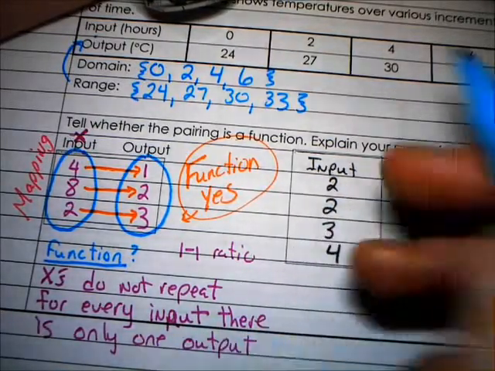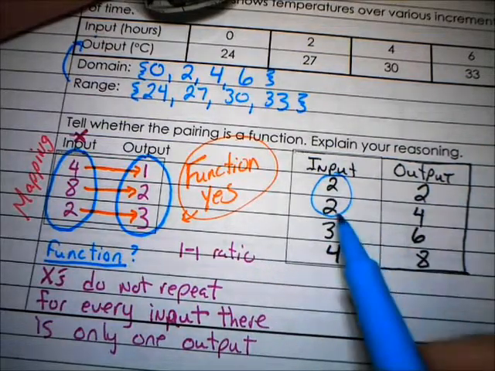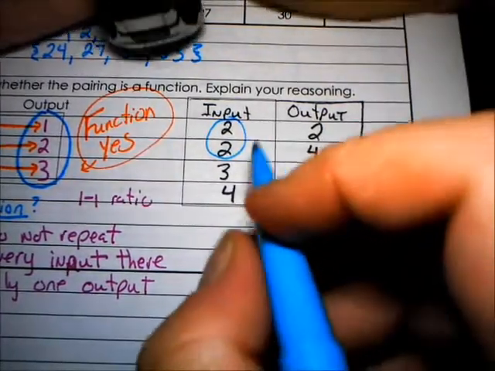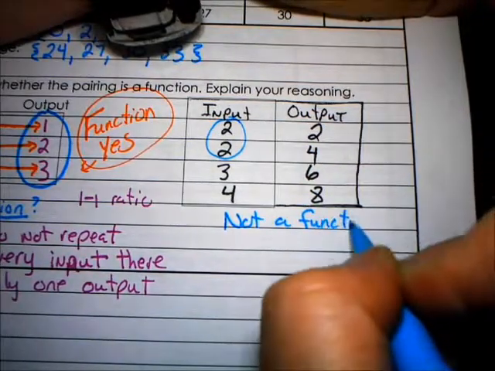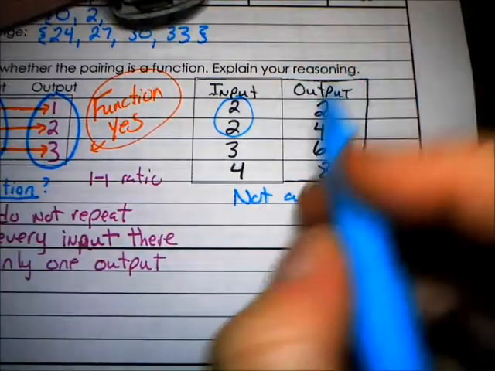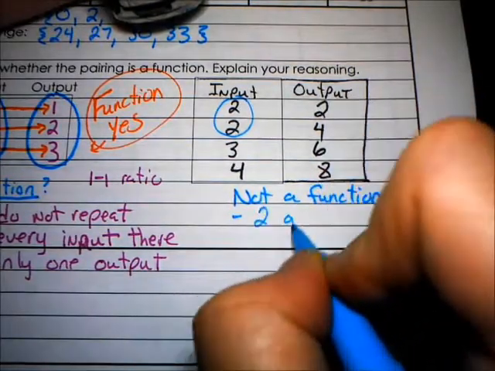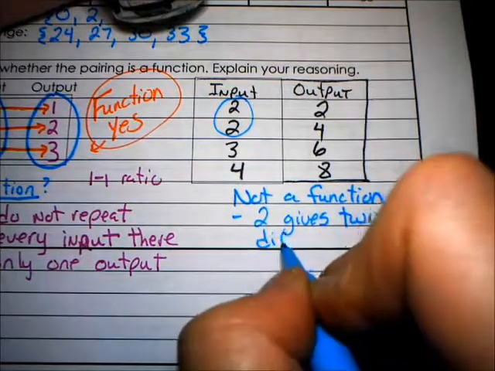So if I look here, notice I have two 2s. If I put in a 2, I don't know whether I'm going to get a 2 or a 4 as an answer. So this is a no, not a function. And my reasoning is that 2 will give us 2 different answers.